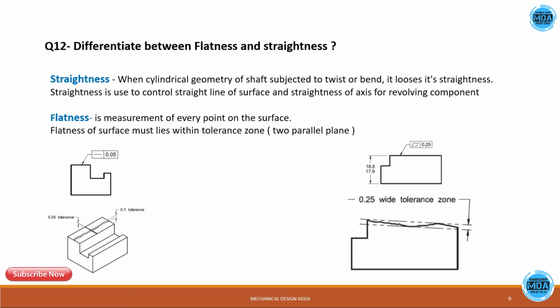Straightness is a line measurement and flatness is a surface measurement in 2D. If you apply flatness to a surface, it creates a two parallel plane tolerance zone, or you can call it a thickness tolerance zone. So it creates a thickness throughout the surface, and the part must lie within that tolerance zone.